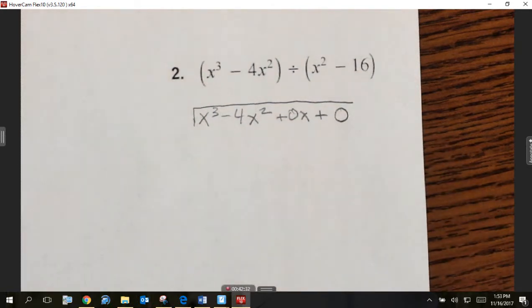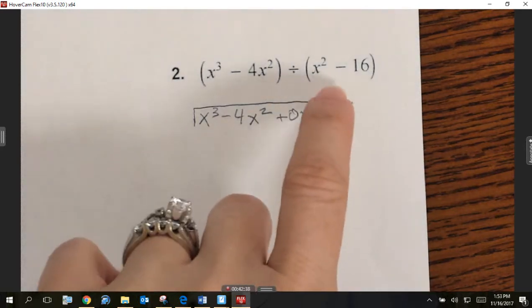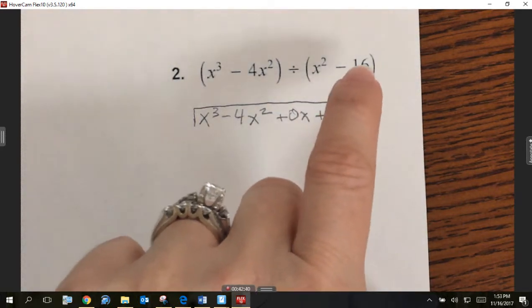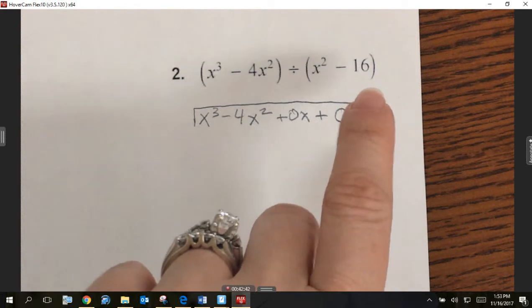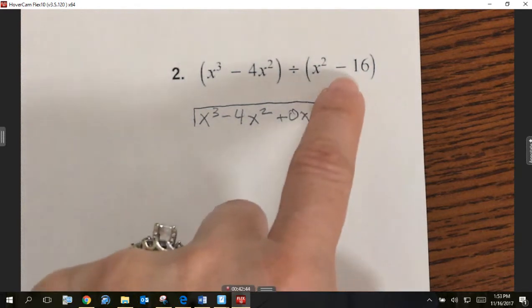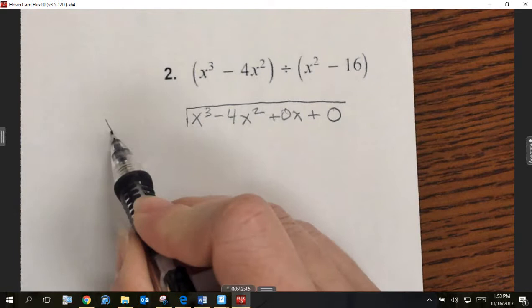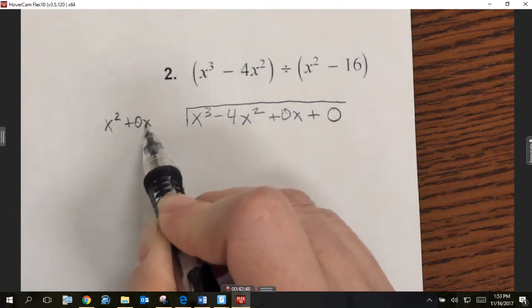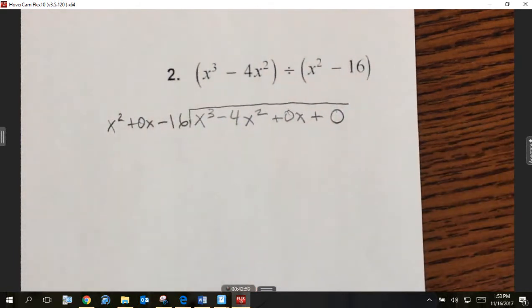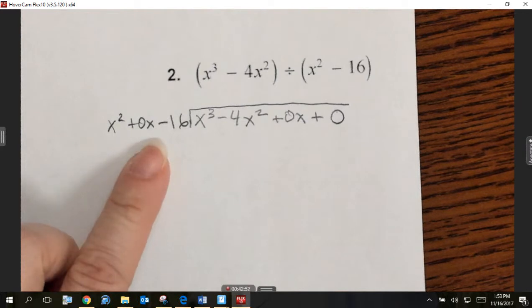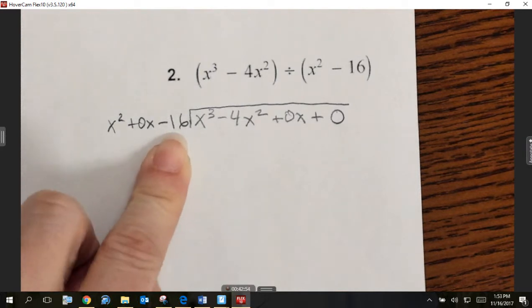I need all of those spaces, all those places. And then outside, I need all of the places too. So I have x squared minus 16. What am I missing on the outside? 0x. So that's x squared minus 0x minus 16 on the outside.